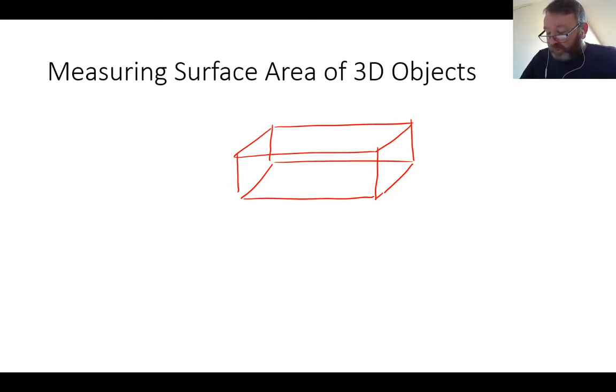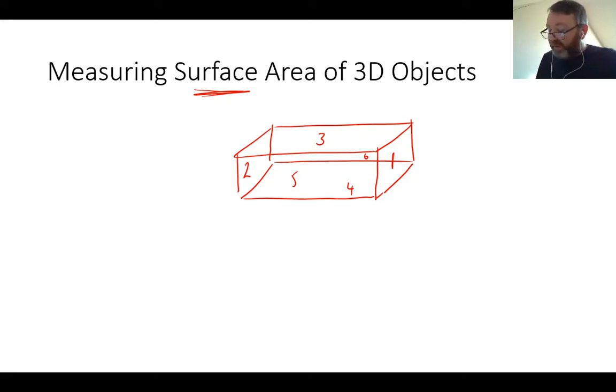The first thing I notice is that its surface is made up of rectangles, okay? The first rectangle is here on the right hand side, but that is matched by the one that's on the left hand side. Then we have one that's on the top, but that's matched by the one that is at the bottom. Then we have one in front and one at the back, which we'll call number 6 in there. So there are 6 faces to this, okay? And the lovely thing is that they are 6 rectangles.